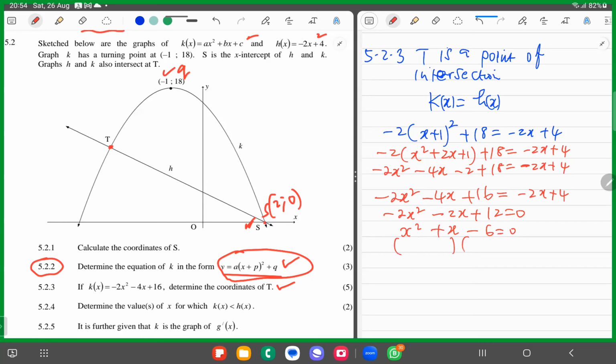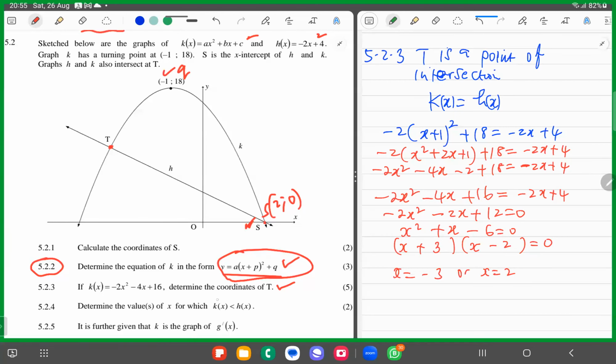We can get the binomial factors, the linear factors. So the factors of X squared are X and X. The factors of minus 6 are actually 3 and negative 2 because the middle term is positive. So 3 is bigger, it must take the sign of the middle term. And therefore, we have that X is negative 3 or X is 2. So what is this now?